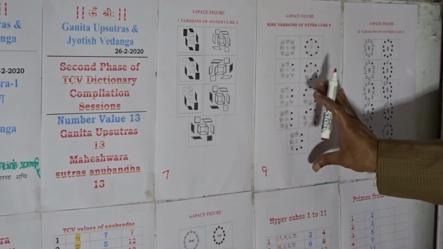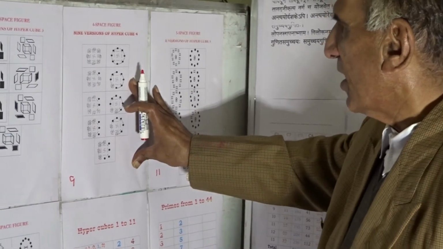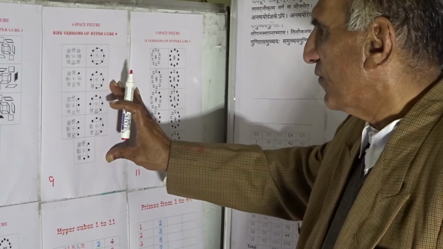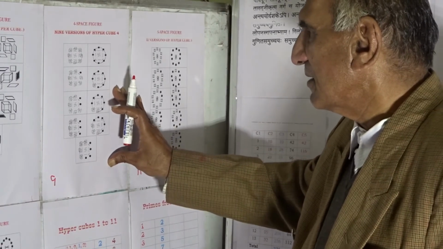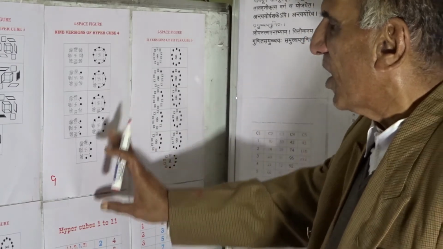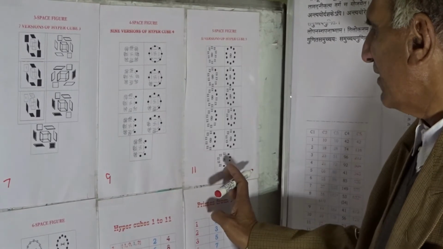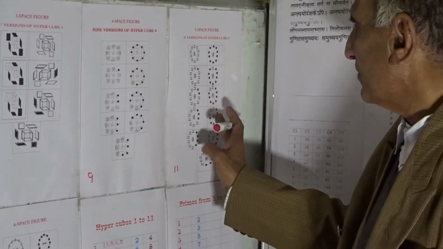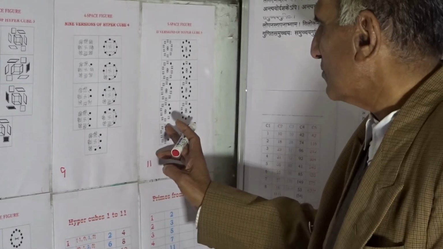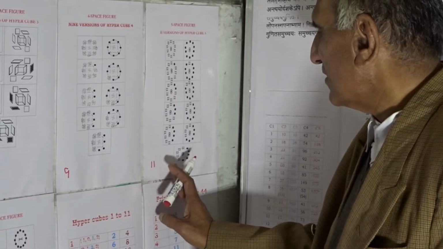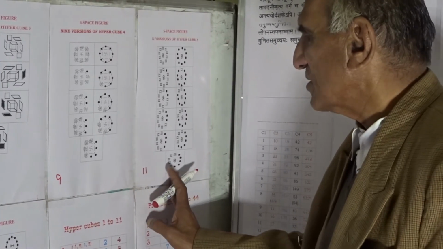Likewise, 9 versions of hypercube 4 are 9 distinct bodies of 4 space, and these are the respective representative regular bodies of 9 geometries of 4 space. 11 versions of hypercube 5 are 11 distinct 5 space bodies as representative regular bodies of 11 geometries range of 5 space.